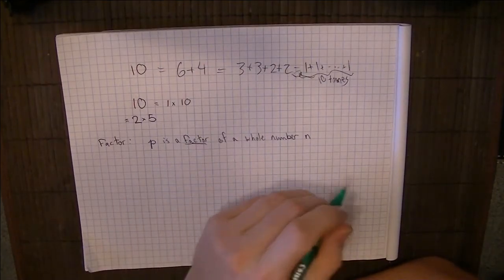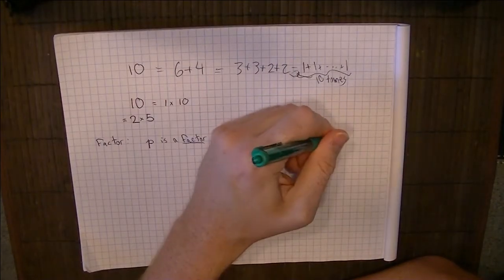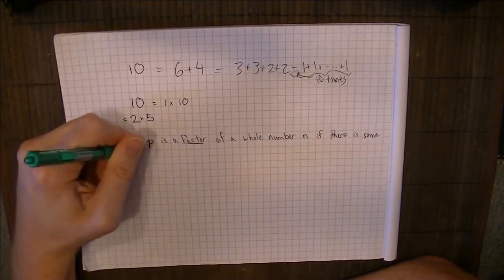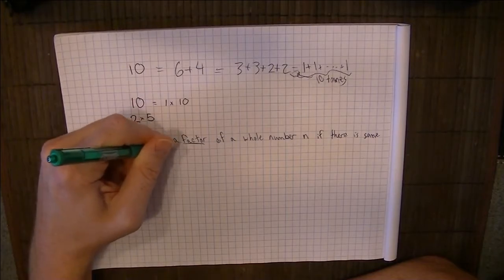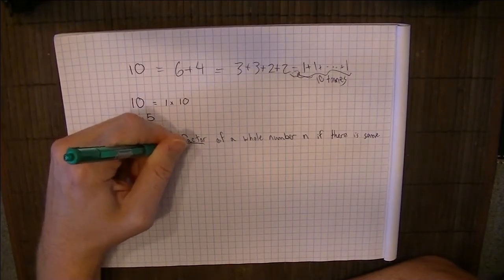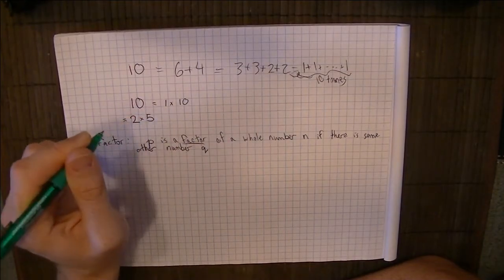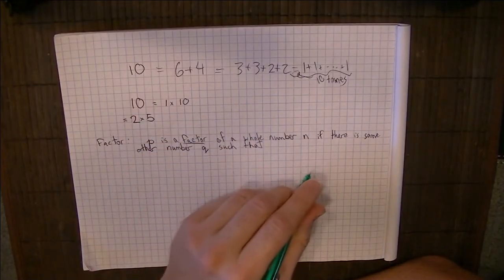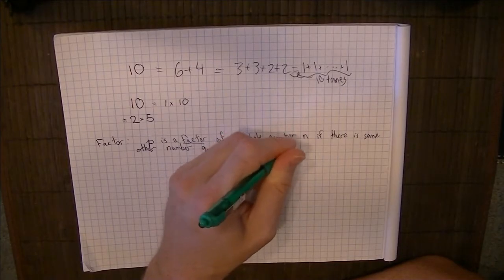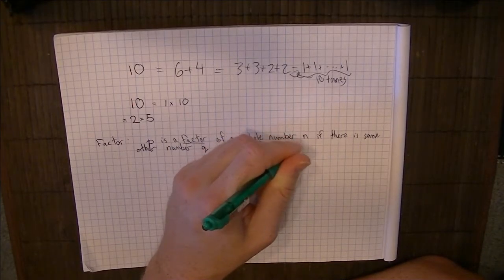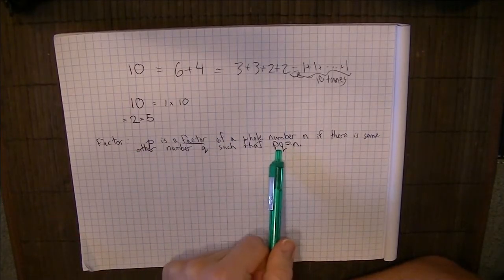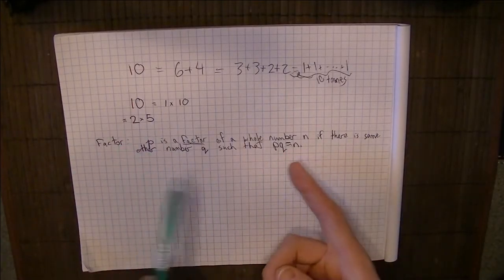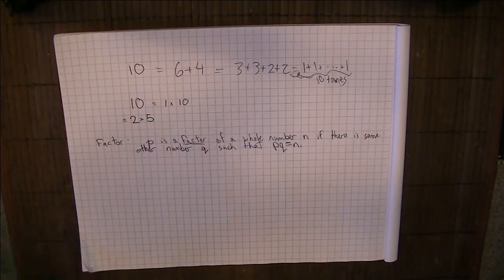So P is a factor of a whole number n if there is some other number q such that P times Q is equal to N. So notice, actually, that if you have one factor P and then you've got some other number Q, Q will also end up being a factor because we could just swap the letters P and Q around and the definition will still be true for Q.